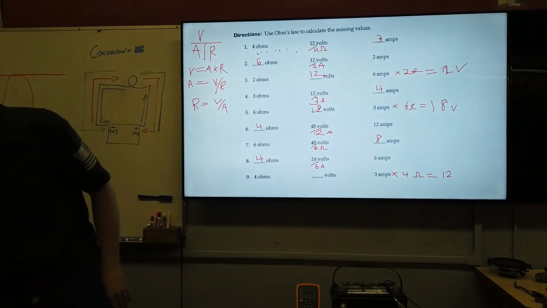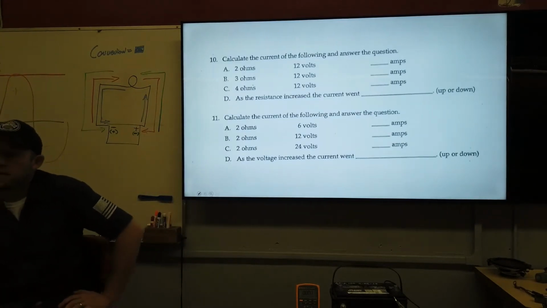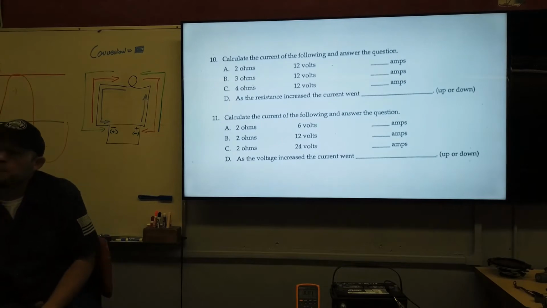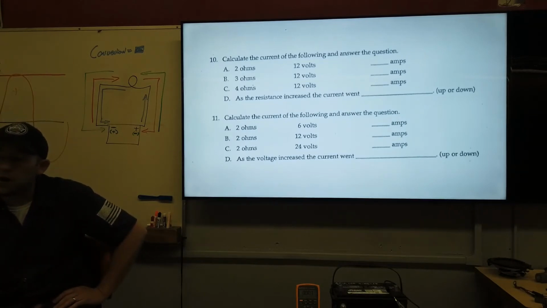So then moving on to the next one, this says calculate the current for the following and answer the question. This is going to be the same formula for each one of these: amperage equals voltage divided by resistance.